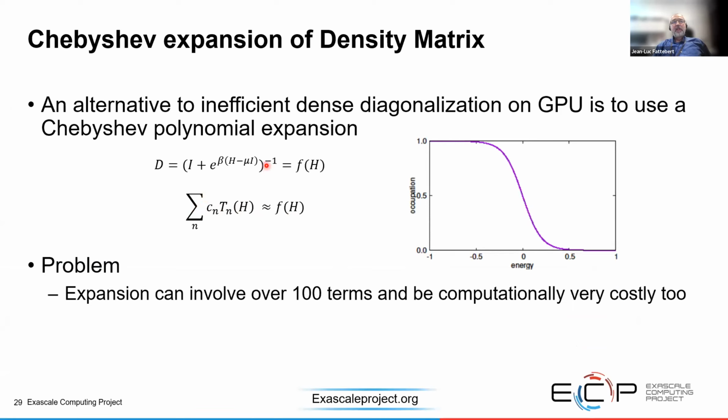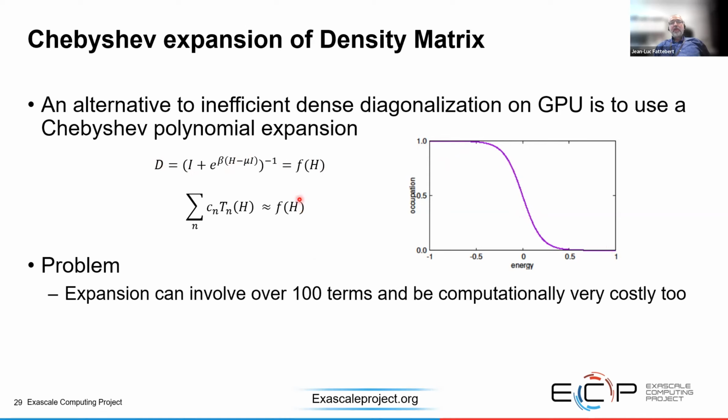For metallic systems, the density matrix we're trying to compute is essentially the inverse of identity plus the exponential of the shifted Hamiltonian. Basically, this is the eigenvalues of that matrix that we should find. And so we're trying to approximate that function with the Chebyshev polynomial.